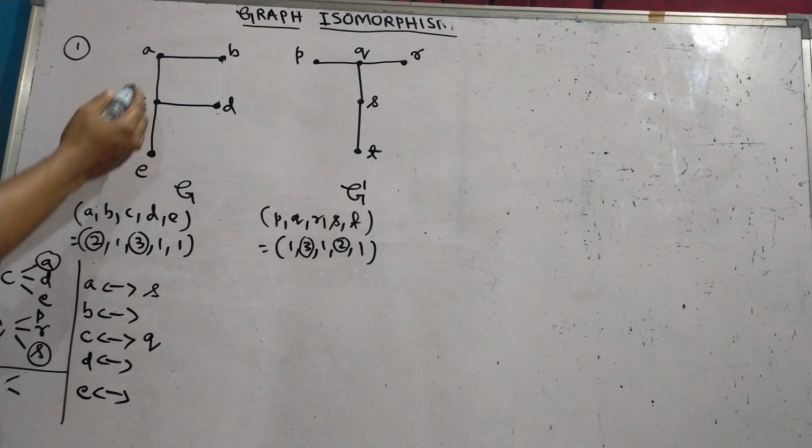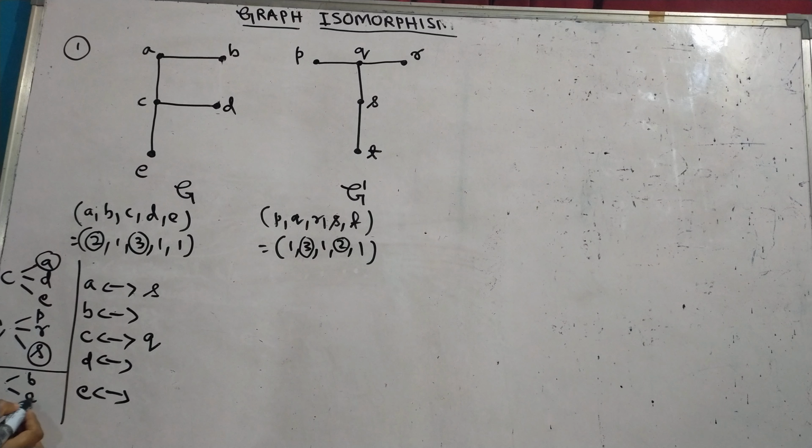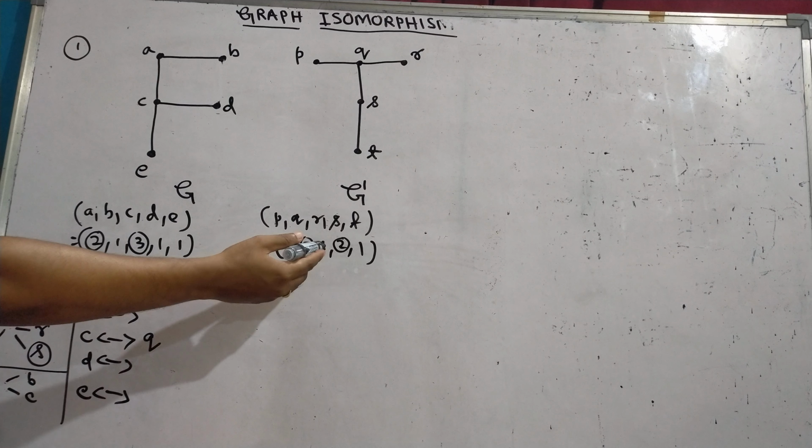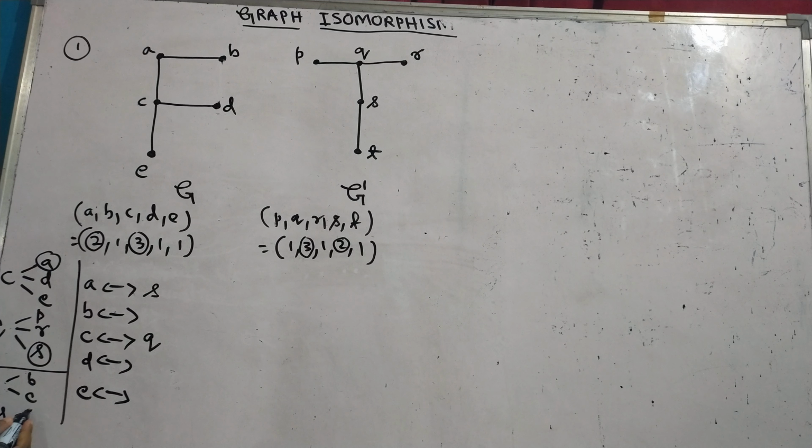It is adjacent to B and C. And we have the vertex S of degree 2, which is adjacent to Q and T.